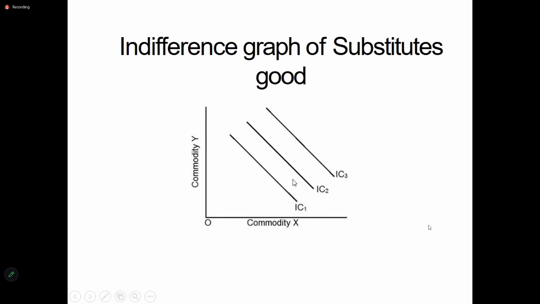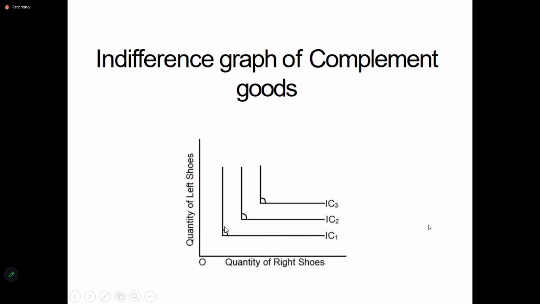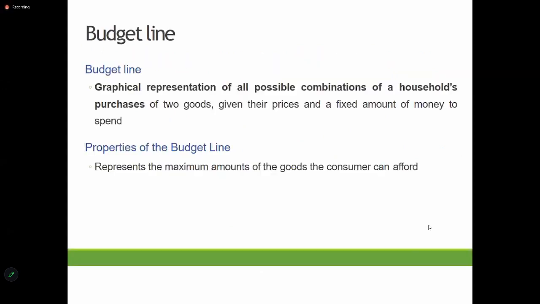But complementary goods, these two go together every time. Okay, so you should remember these properties. The shape of indifference curves may differ related to complementary and substitute goods. Okay, so these are the basic things we discussed related to utility and indifference curves.